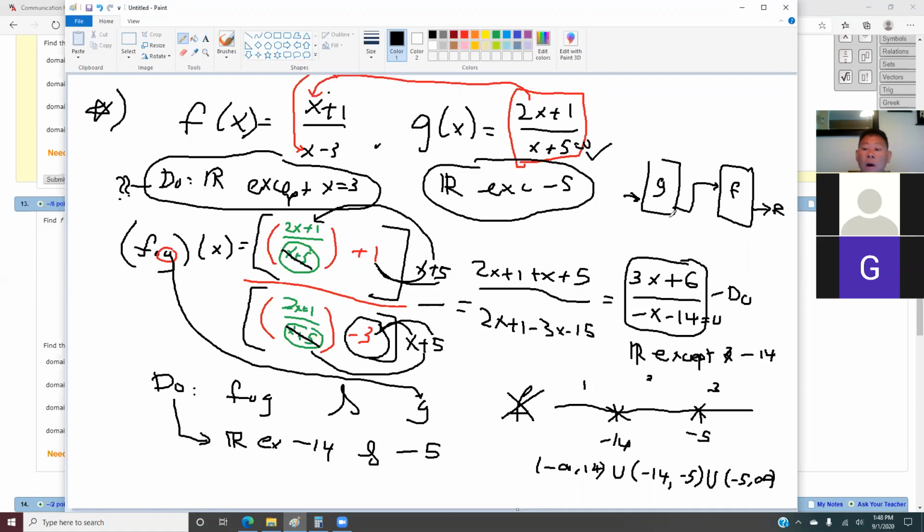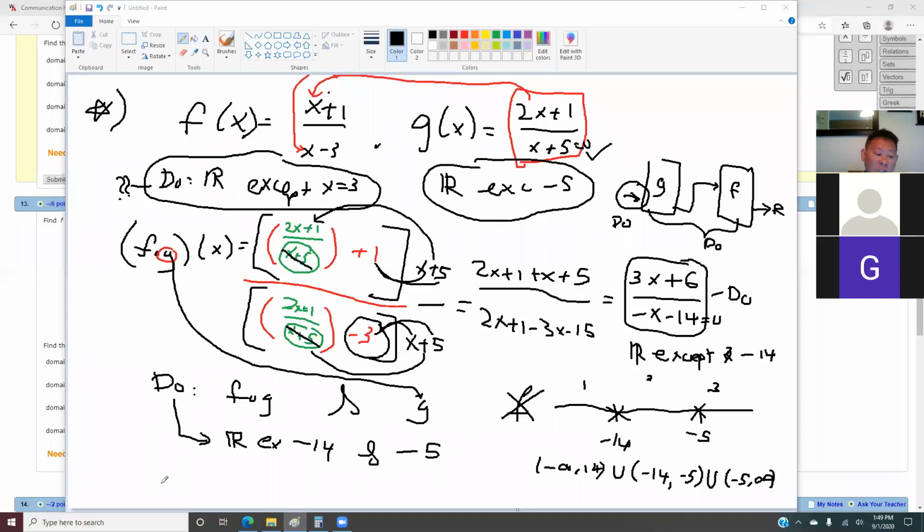So when you look at the domain for this case, we look at the domain of what we plug in first, and the domain of the entire expression. So that's why the 3 is not included in this case.